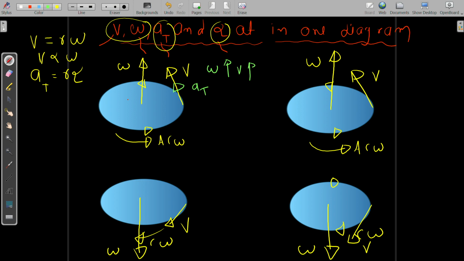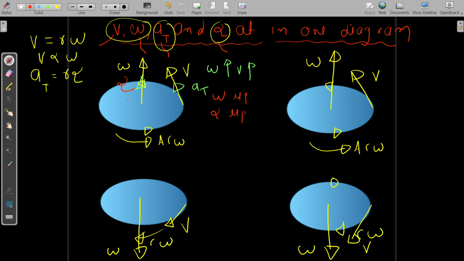So the first case is omega increasing, v increasing because they are proportional. So for AT, do the same story: curl fingers in the direction of AT and the thumb indicates the direction of alpha. In this case omega is upward, alpha is also upward.